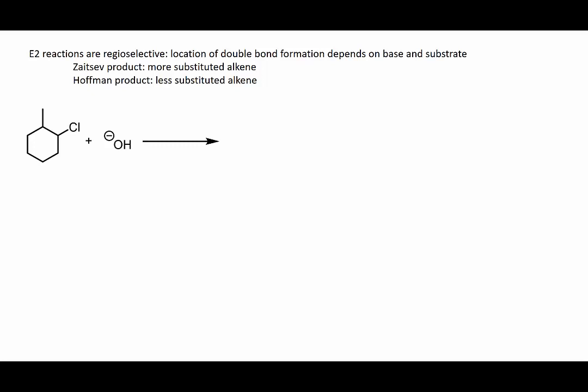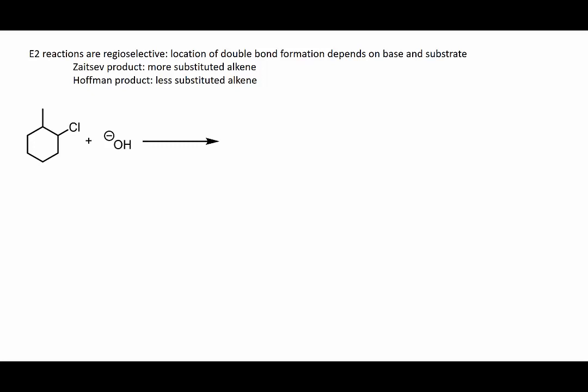E2 reactions are also regioselective, which means the location of the double bond depends on the base and the substrate. There are two types of products. The first is a Zaitsev product, which is considered the more substituted alkene, or the Hofmann product, which is the less substituted alkene. So let's take this example here.